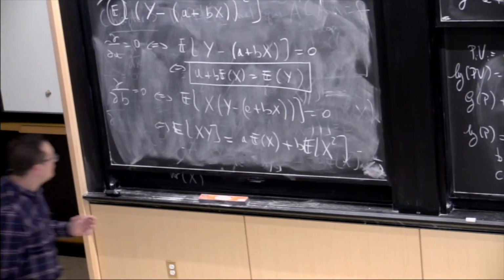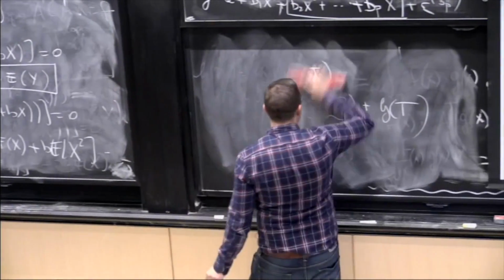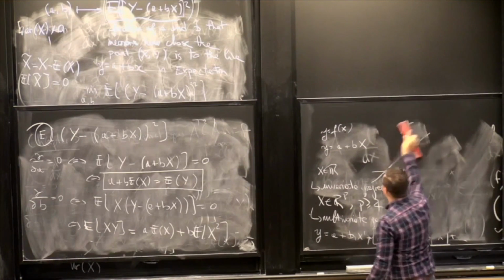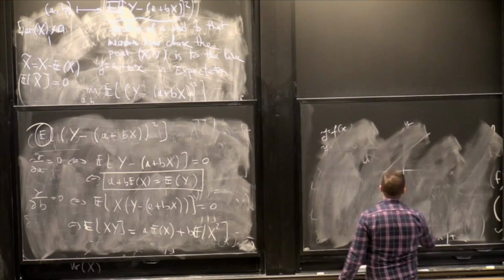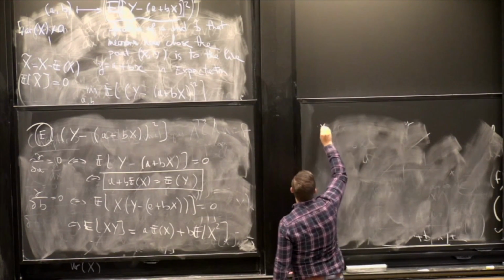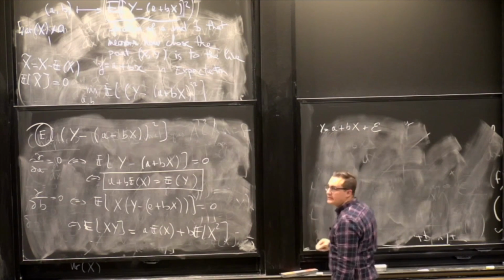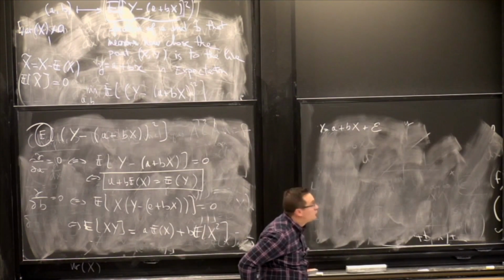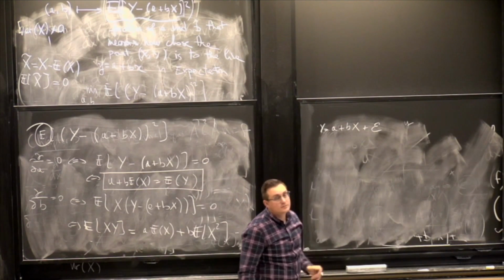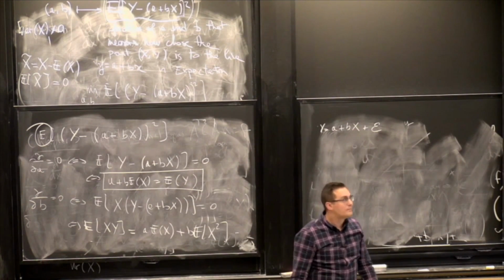If I have that y is a plus bx plus some noise, which is usually denoted by epsilon. So that's the distribution, right? If I tell you the distribution of x, and I say y is a plus bx plus epsilon, I tell you the distribution of y, and maybe that those two are independent, you have a distribution on y.